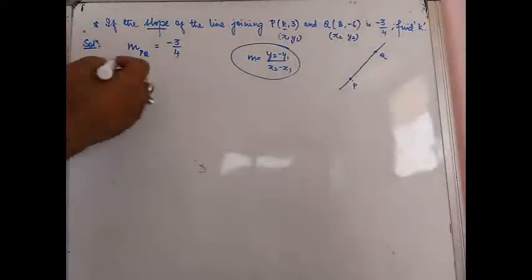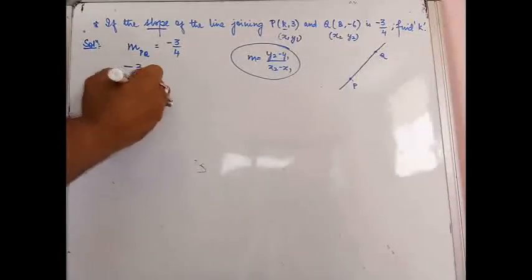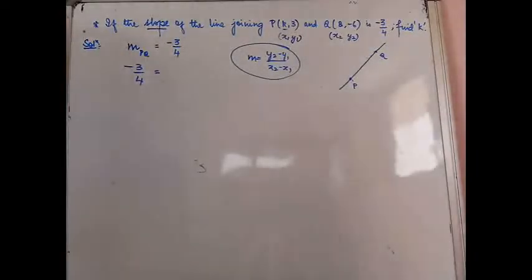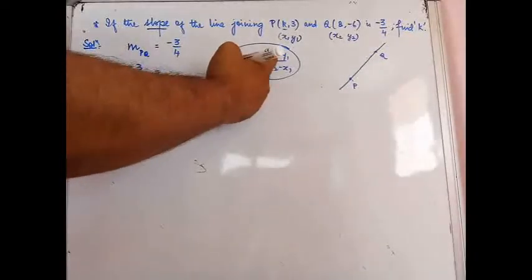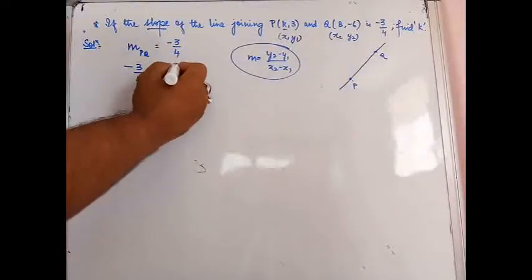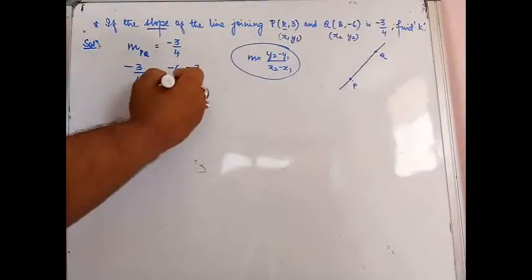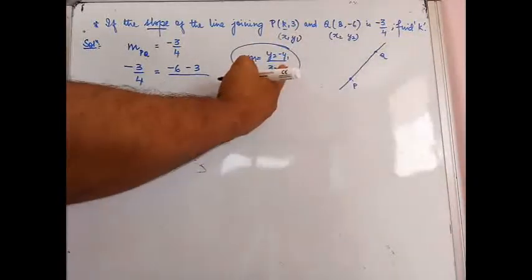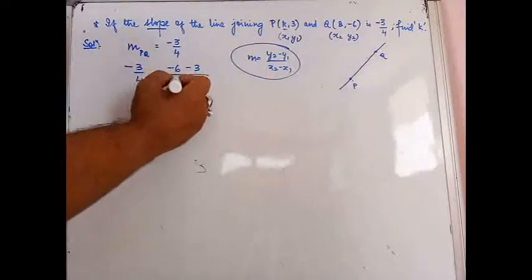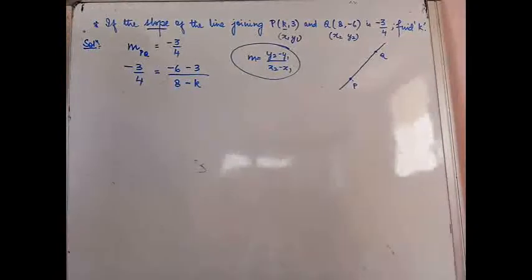So over here you see slope value is minus 3 by 4 equal to, now we put the values, y2 minus y1. What is your y2? y2 is minus 6 minus y1. y1 is 3, so minus 3 upon x2 minus x1. So x2 is 8 minus x1 is k.